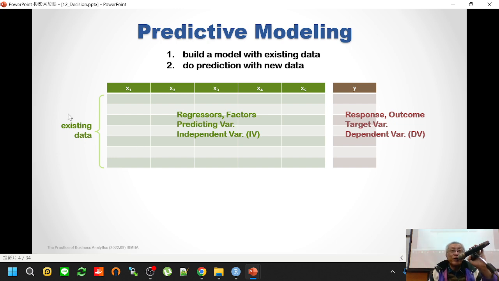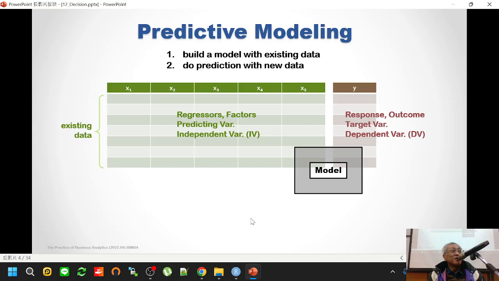Okay, so we have some existing data, about 131 data, right? So we use this data to build a model. And in the United States, a lot of people have diabetes, so you may have like 1 million policy owners that have diabetes, right?